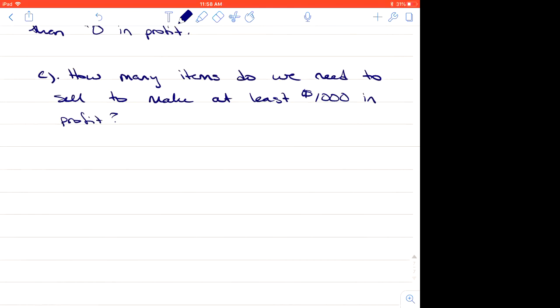So this is a similar scenario, except now I'm saying we have to make at least $1,000, so we can't have slightly less than 1,000.